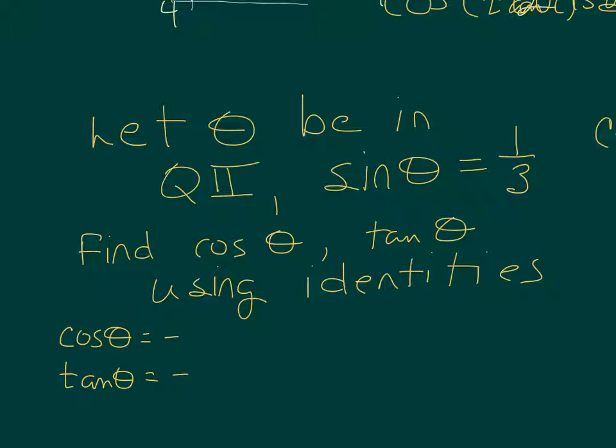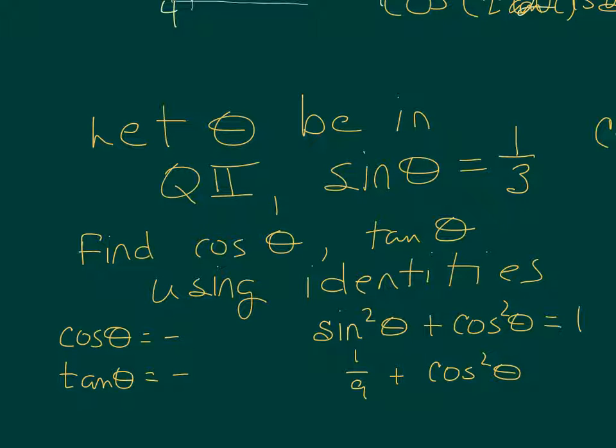So what identity do we use to find the cosine, Kat? Sine squared plus cosine squared equals 1, but you replace sine with 1/3, so it's 1/3 squared plus cosine squared equals 1. Good. Sine squared plus cosine squared equals 1 is the first Pythagorean identity that we've already learned. So the sine squared is 1/9 plus cosine squared.